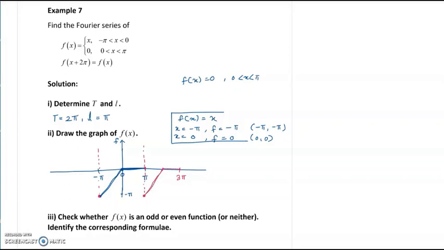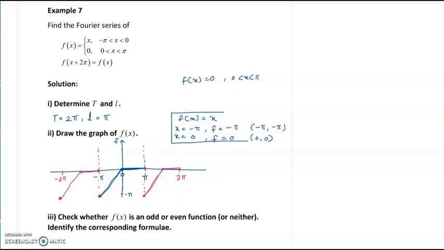So basically we repeat the same shape. Similarly at the left hand side, in the middle it should be negative 2 pi, at the left it should be negative 2 pi. So at the left it should start at the bottom, goes up to the middle, and then goes to the right. So that's our graph.